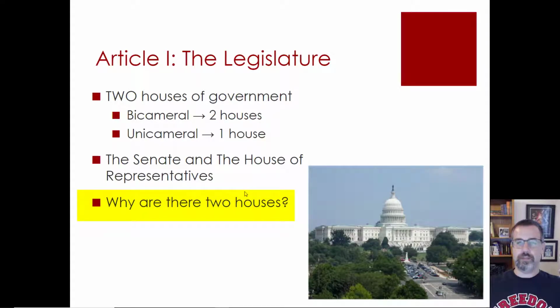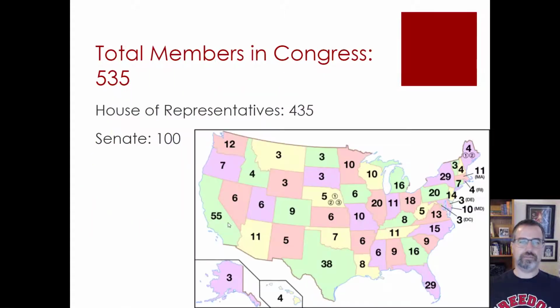The smaller states wanted equal representation in the government, from the New Jersey Plan. The Connecticut Compromise, or the Great Compromise, combined those plans together, which led to a legislature that consists of two houses, and we'll talk about those in a little bit.